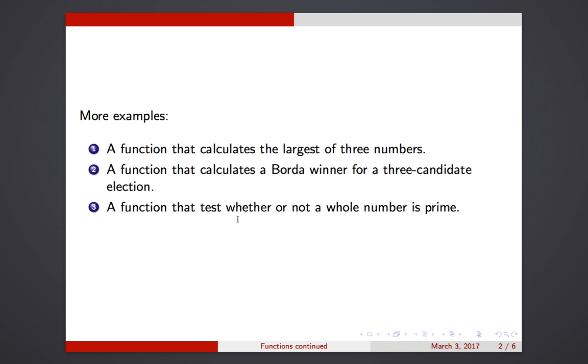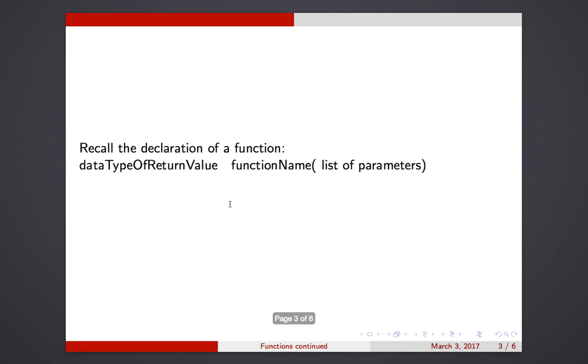Okay, so let's start with a function that calculates the largest of three numbers. So before I write the function, let's think about what does that even look like? Well, recall here the declaration of a function. To even create a function, to declare it, you have to think about the data type of what you want to give back. Okay, so if the function returns something, if it outputs something back to you, you have to figure out what kind of thing that is.